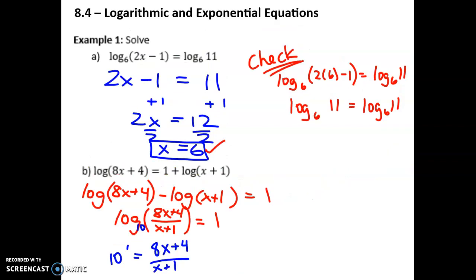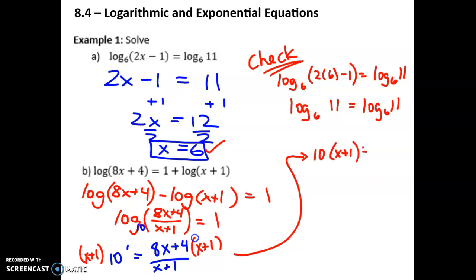So now let's multiply out that x plus 1 to both sides. And I'm just going to come up here so I have more room. So we have 10 times x plus 1 equals 8x plus 4. Now this is just a linear equation we can solve. Let's put the 10 into the brackets to get 10x plus 10 equals 8x plus 4.